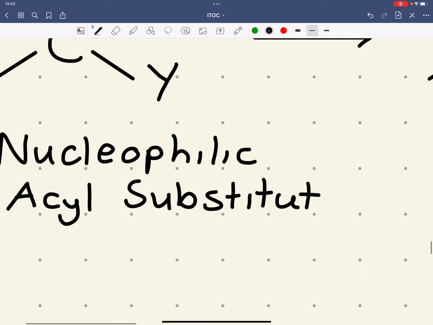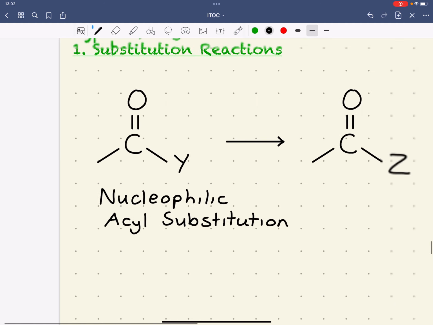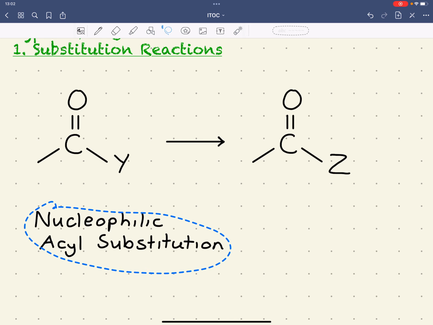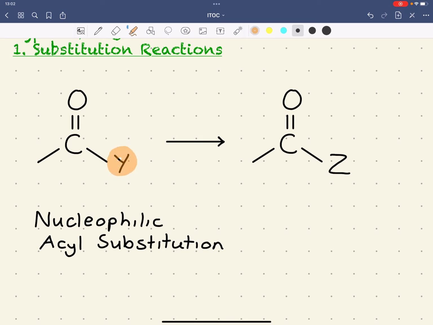There's a series of compounds which can undergo nucleophilic acyl substitution reactions. These often are called nucleophilic addition-elimination reactions as well, but the net result is a substitution because we have one atom or group of atoms which is substituted for another.